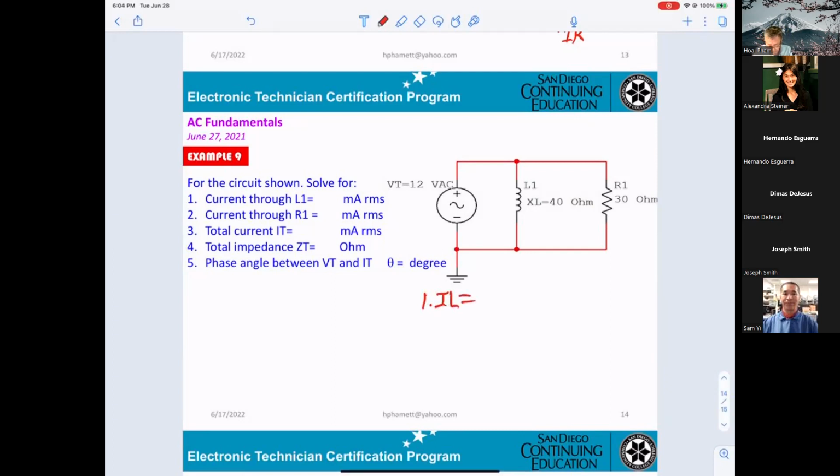IL equals V, 12 volts, divided by 40. 0.3 amp, correct? Yeah, that's amp. But they want milliamp, 300. Move the decimal point, right. There we go.